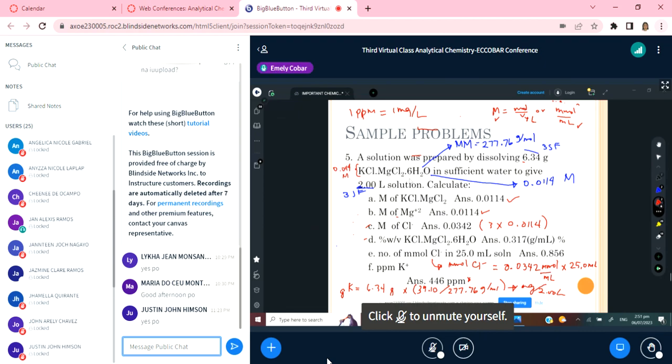How many moles of KCl and MgCl2 are there if you have 1 mole of this? Di ba isa lang din? Isa. So therefore, kung ano yung concentration nito will also be the concentration of KCl and MgCl2 because 1:1 na sila.